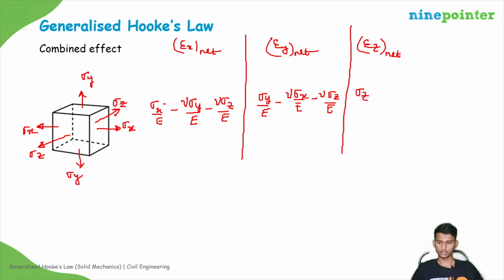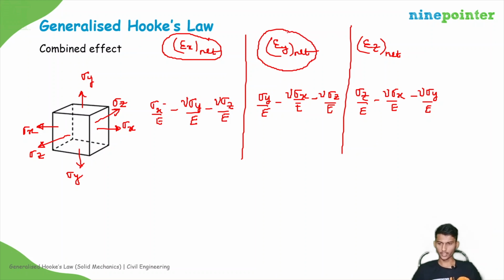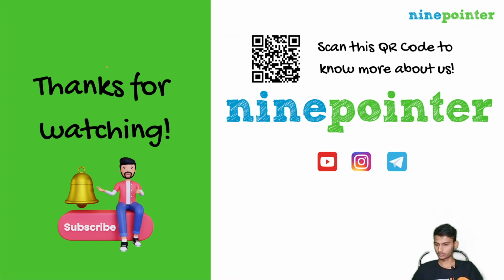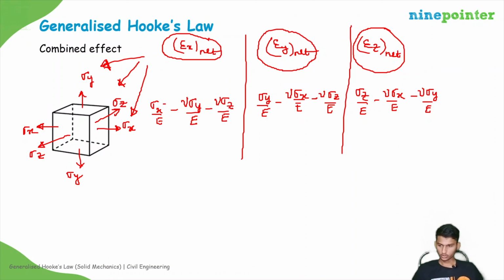So this will be, similarly, sigma z divided by E minus mu sigma x divided by E minus mu sigma y divided by E. So this is net epsilon x, meaning net strain. This is net strain in the y direction. This is net strain in the z direction due to all these three stresses. Okay, this is the combined effect. So this is generalized Hooke's law in tension, right?